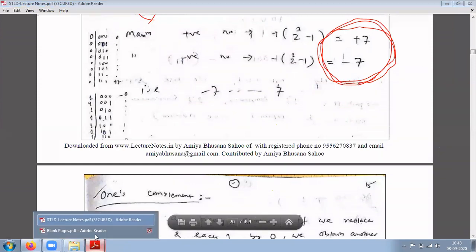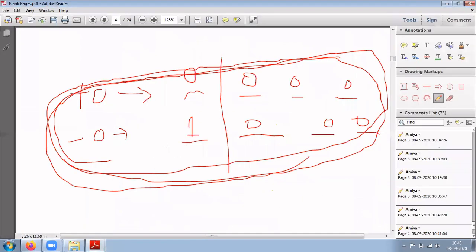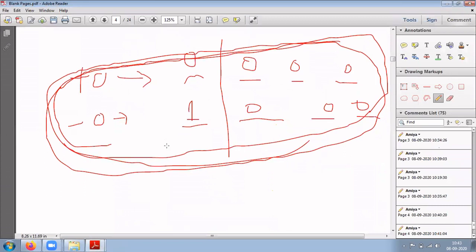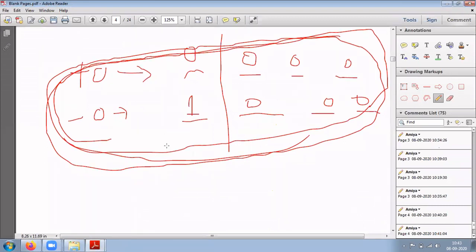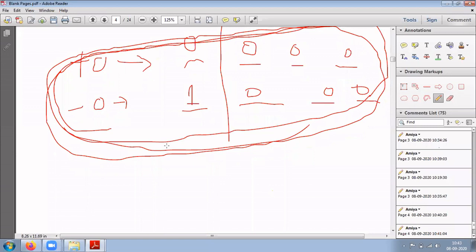Yes, sir. The sign magnitude has a problem that 0 has 2 representations. Although 0 is always 0, there is one representation for +0 and a different representation for -0. Although both are same, one place is completely wasted because of this +0 and -0.